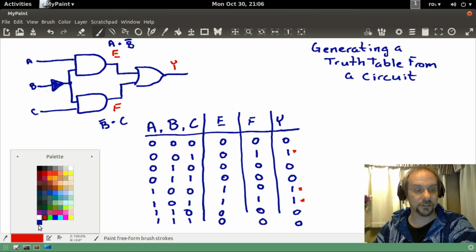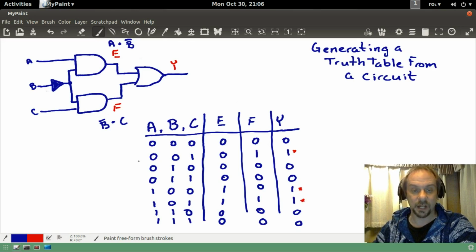Everywhere I have a max term, that is this line, and this line, and this line. So on these three lines, I have a max term.